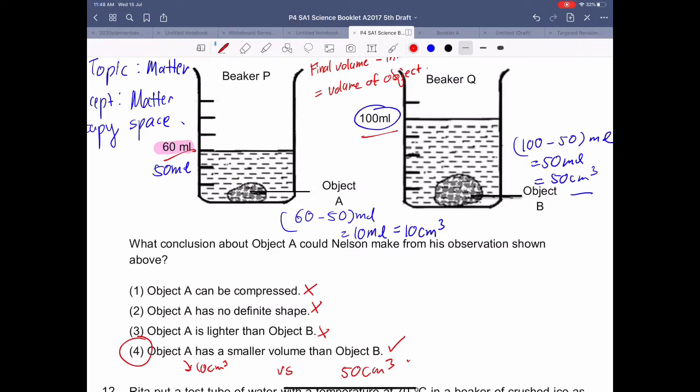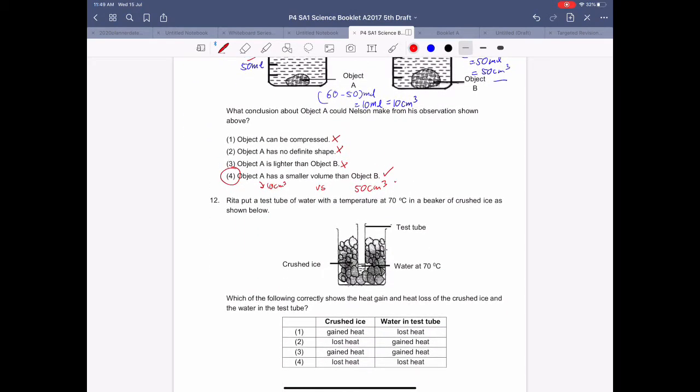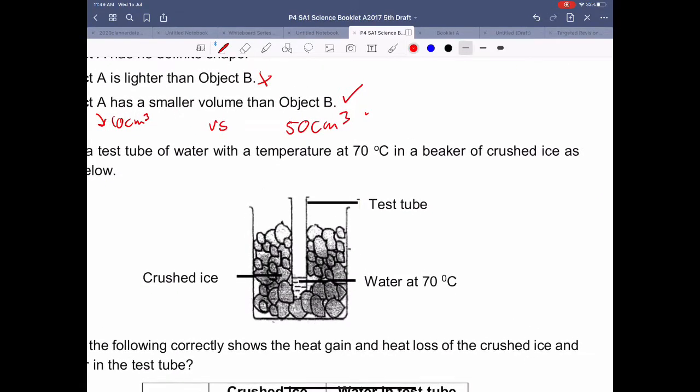Okay, moving on to the next question in 5, 4, 3, 2, and 1. Next, Rita put a test tube of water with a temperature at 70 degrees Celsius. Once again, I want to stress when you write this unit degree Celsius, make sure it's degrees Celsius, okay, with the degree at the top.